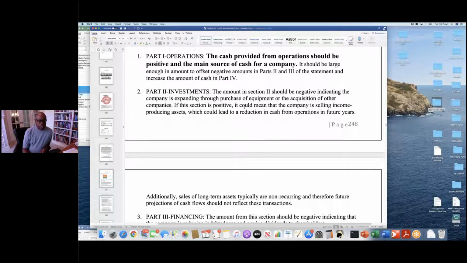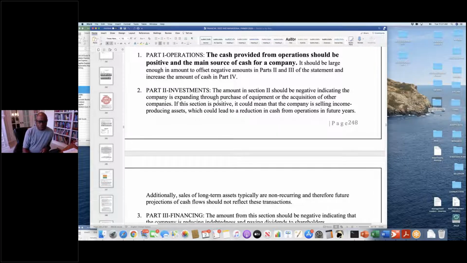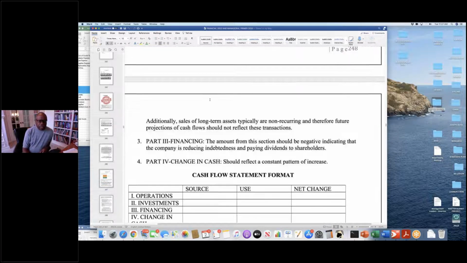And this is why we had you working on that journal entry, so that when you see sales of assets, gains, and losses, you know exactly how that journal entry was made. So we had review problems 1, 2, and 3. That's why I had that entry in there. And then financing, we want to see how it stands here.